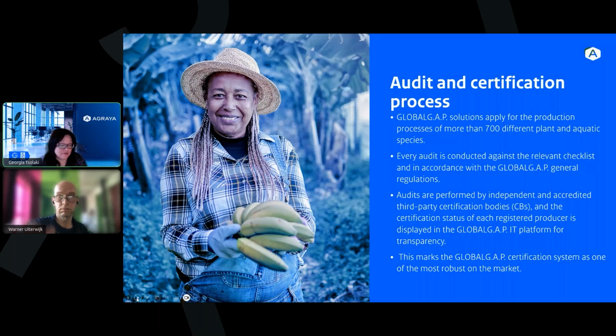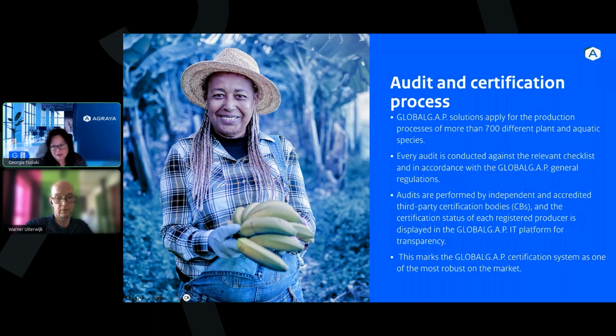In our certification scope, all audits of the farms are conducted against the GLOBAL.A.P standard and the GLOBAL.A.P general regulations. The certification bodies use the respective checklists to audit the farms, and the audits take place, as I already said, by third-party certification bodies approved by accreditation.